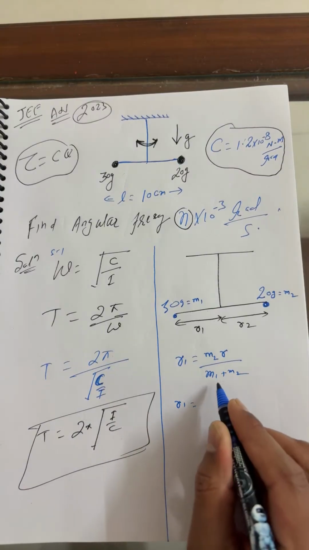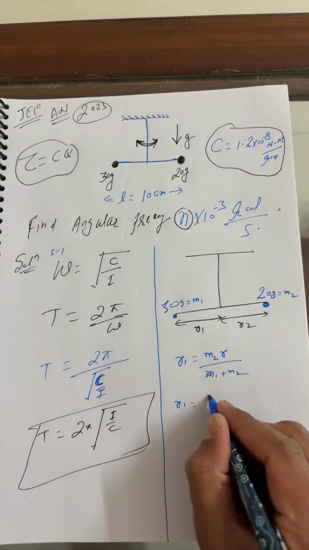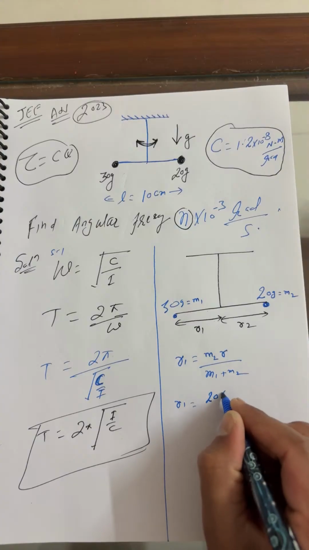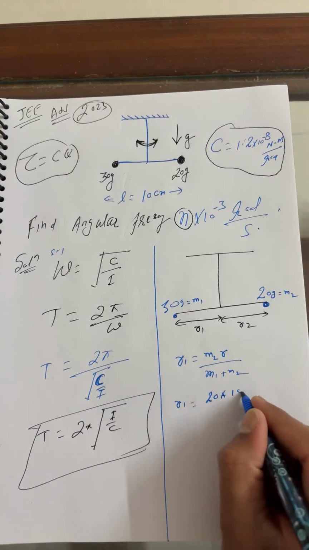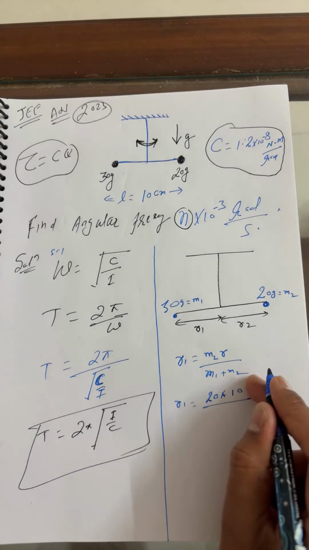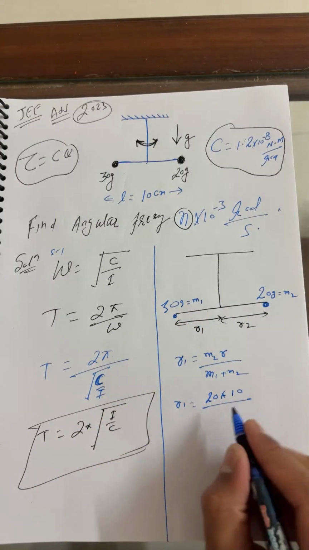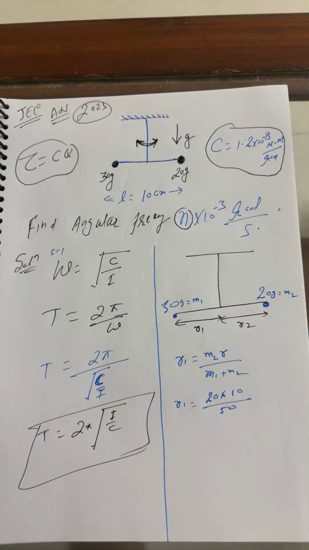M2 is 20 gram, R is 10 centimeter, and M1 plus M2 is 50.